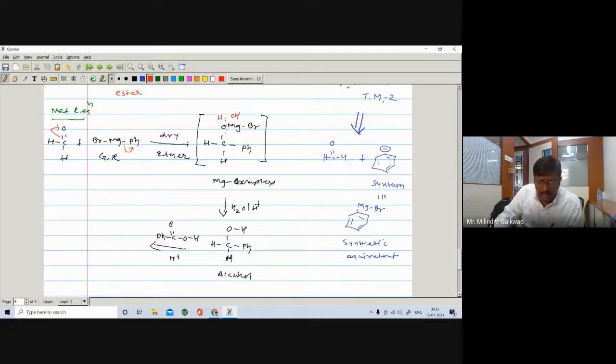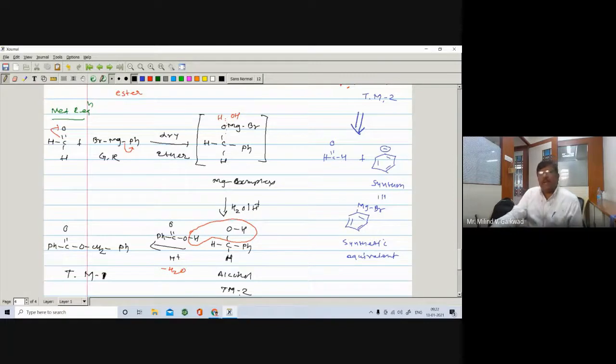So suppose if I take H from this and OH from this, there is a removal of water, and you can get the corresponding target molecule, Ph, C double bond O, here is O, here is a CH2, and here is Ph. Okay, so this is your TM, that is TM1, and this is TM2.